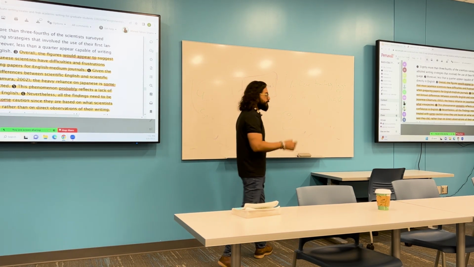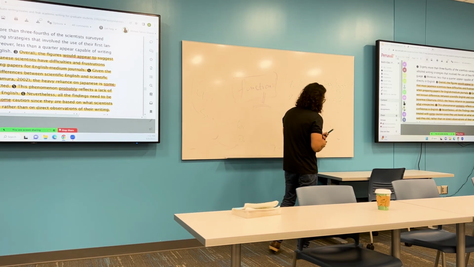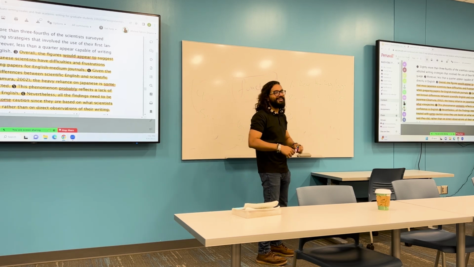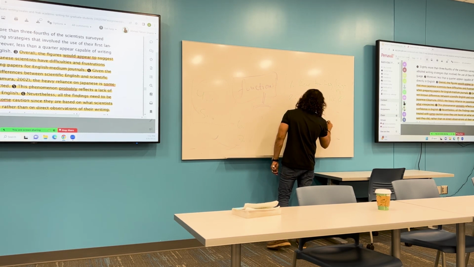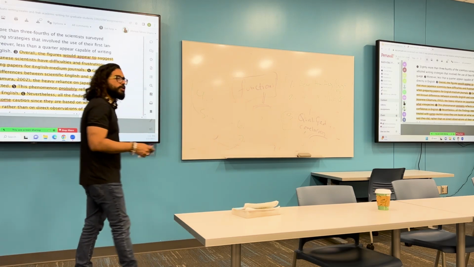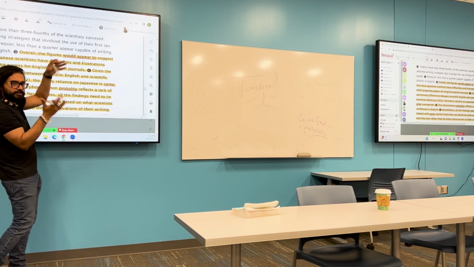So let's use a different word because we already have so many words, but we all actually mean the same thing. That's the claim also, that's the problem also. So it's a qualified conclusion. Overall means you are writing the conclusion of the problem.